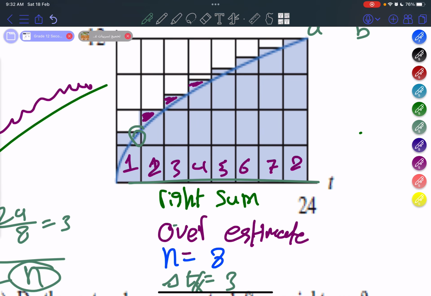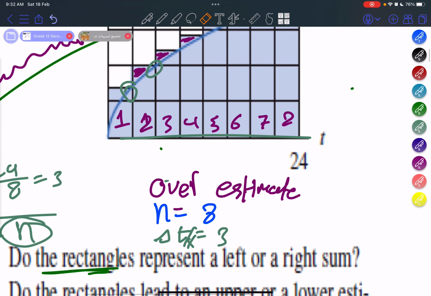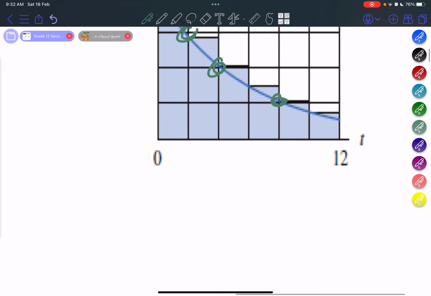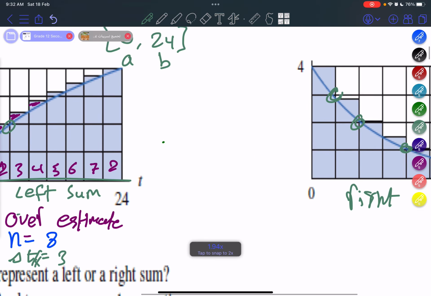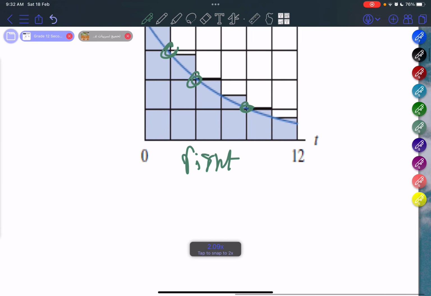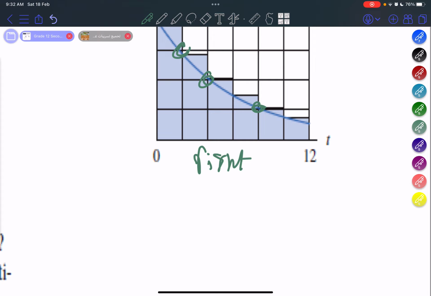This is the left sum. Okay, I thought something was wrong. This is left sum, and this one we see the right sum. So you may make a mistake here, but if you revise it and look carefully at it, then you will get it correctly. So this is right sum.